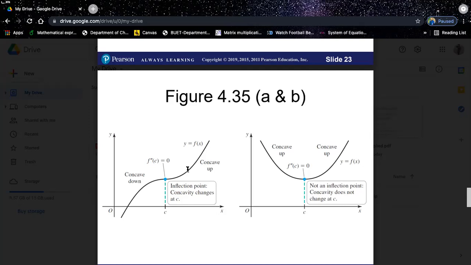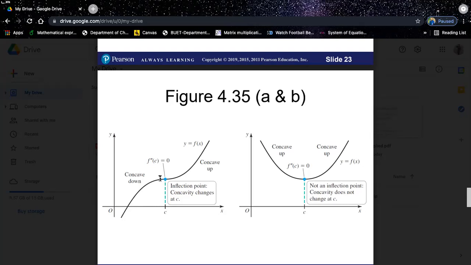Can you see that? At this point, it was positive. And even here, it's still positive. But it's changing since definitely we can see it was 0 here, the slope, right?